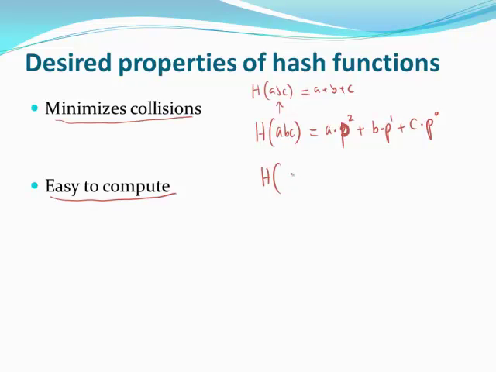In general, if you take a string s0 to s n minus 1, we can define a function which is sigma of s i times p to the i, where i will go from 0 to n minus 1. So when i equals 0, you'll get s0 p to the n minus 1, and at the end, we'll have s of n minus 1.